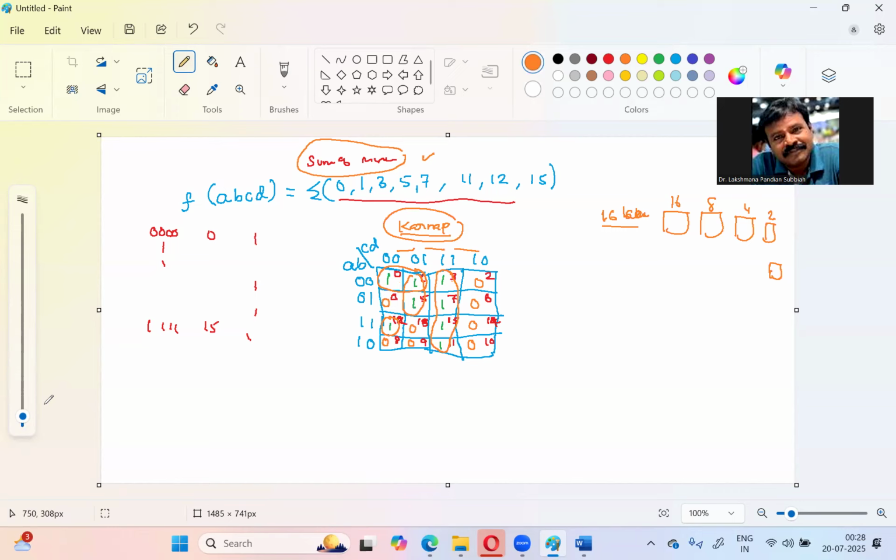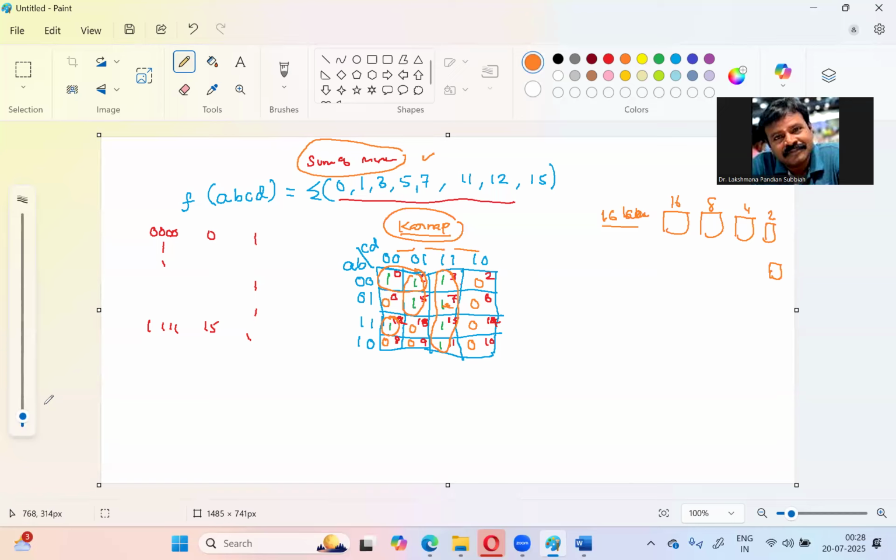So all ones should be covered with either a four combination, a two combination, or otherwise alone. Here we have one four combination, then two pairs, then the lonely one.